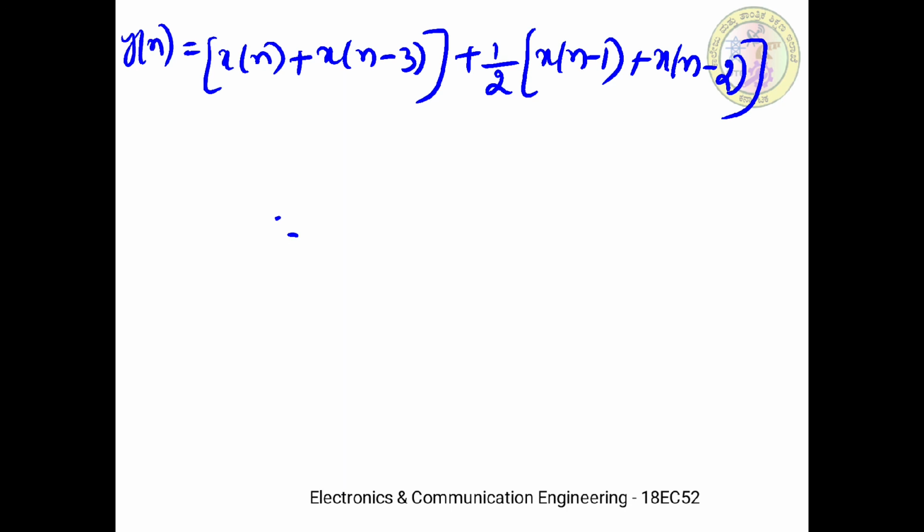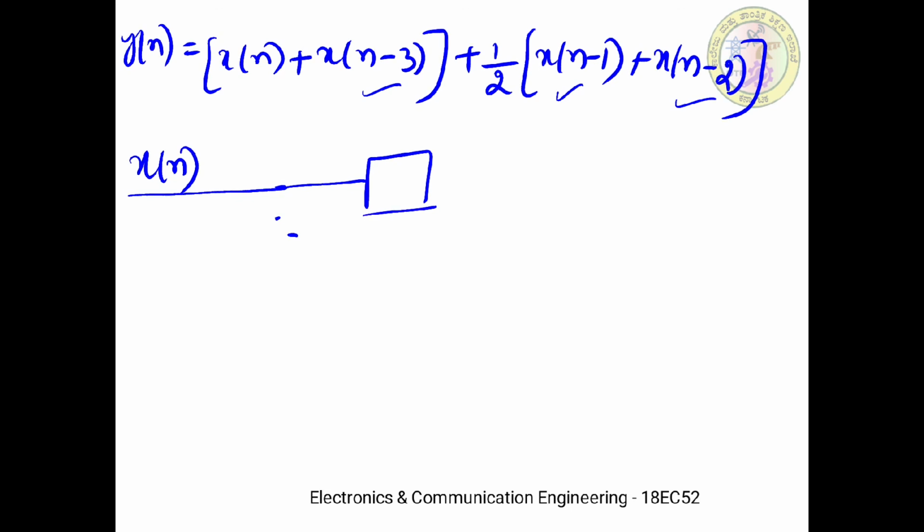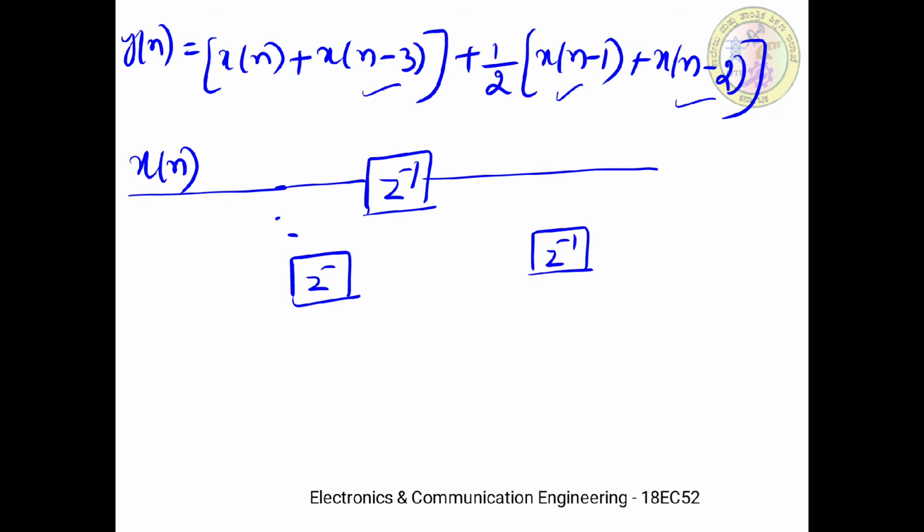Draw x(n). So x(n) is the input. Now we have to get three delays: x(n minus 1), n minus 2 and n minus 3. The first delay is z inverse. Next it will pass through one more delay, z inverse, and another delay, z inverse.